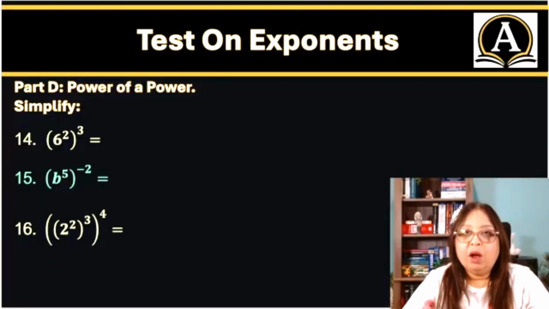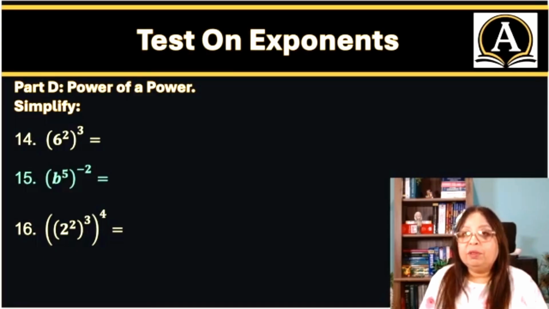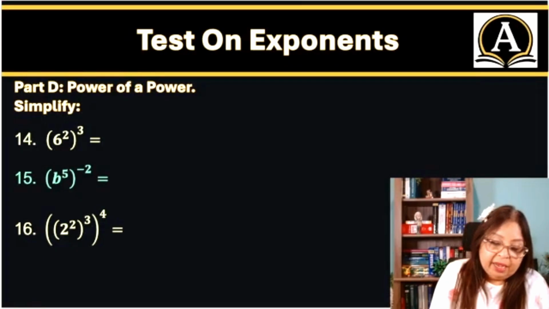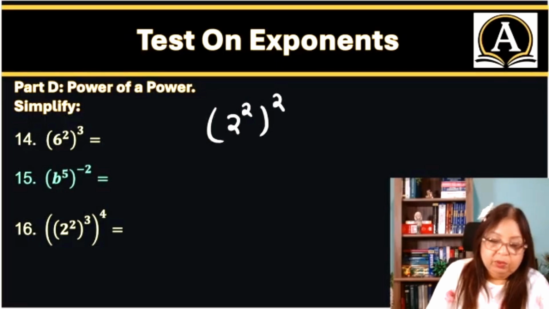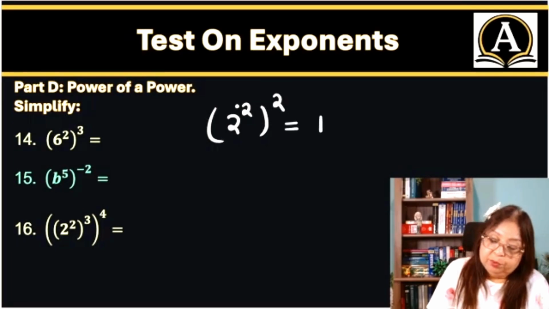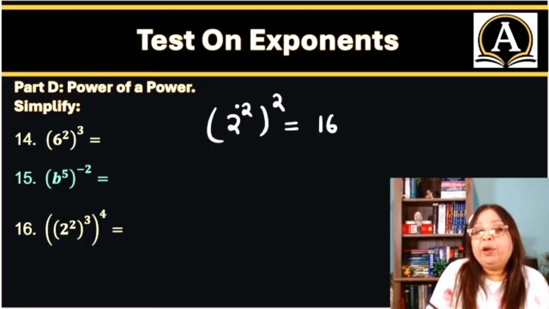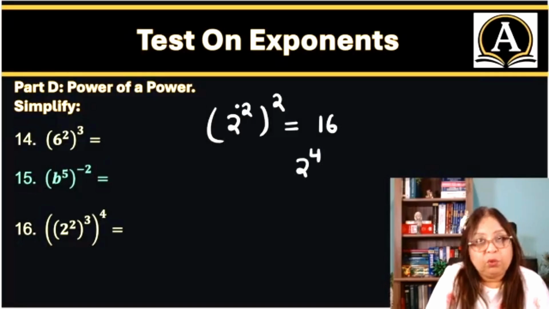Part D, power of a power. Now notice, here it says simplify, not evaluate. Evaluate will be something like, let's say you have 2 to the power 2 to the power 2. If you're asked to evaluate it, then your answer would be 16. If you're asked to simplify it, then your answer would be 2 to the power 4.